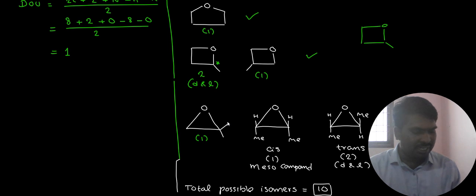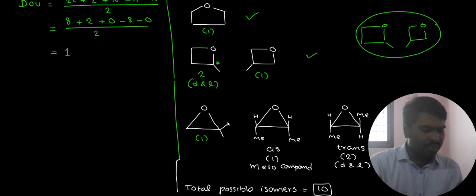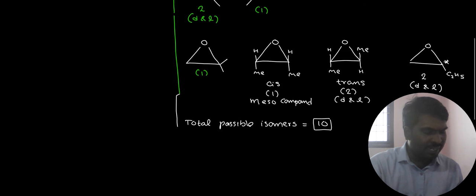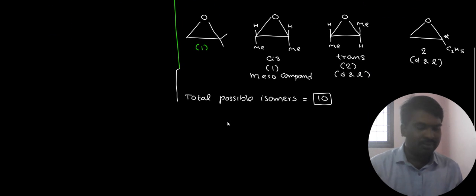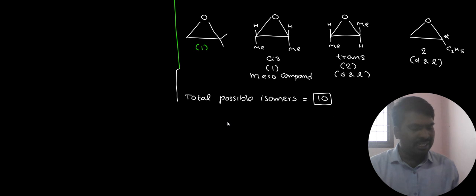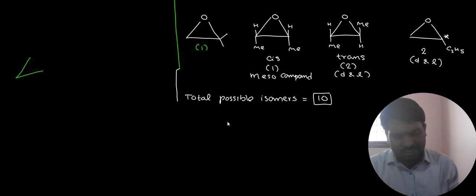So you can write methyl here and you can write methyl here. Only two structures exist. And with a three-membered ring, how many structures exist here?